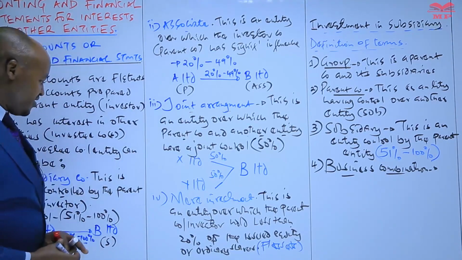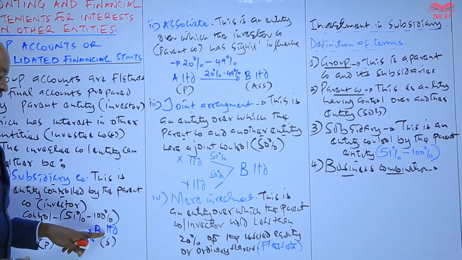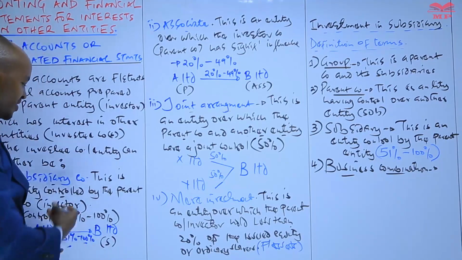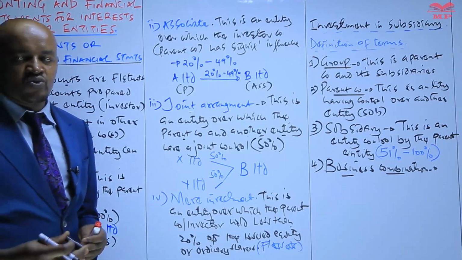For example, if we are told that A Limited acquired 80% of the ordinary shares or equity shares of B on 1st of January 2024, that particular date when A Limited acquired the majority of the shares in B, we refer to that transaction as a business combination.